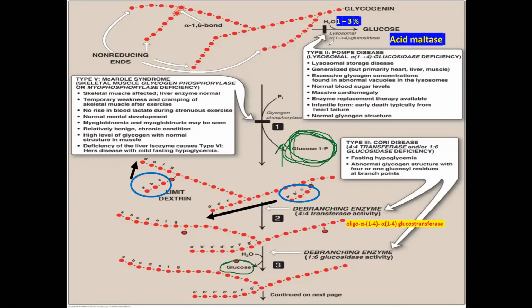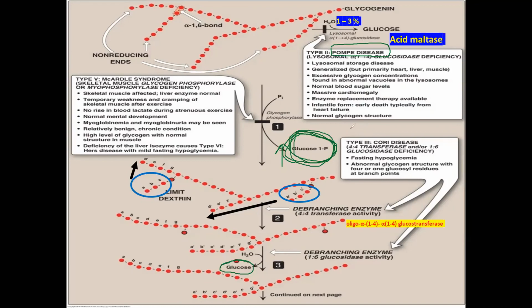Okay, so if we have a deficiency in this enzyme اللي هو lysosomal alpha 1,4 glucosidase enzyme, we will have what's called Pompe disease اللي حكينا عنه سابقا. Okay, glycogen storage disease because the lysosomes will store such kind of glycogen.